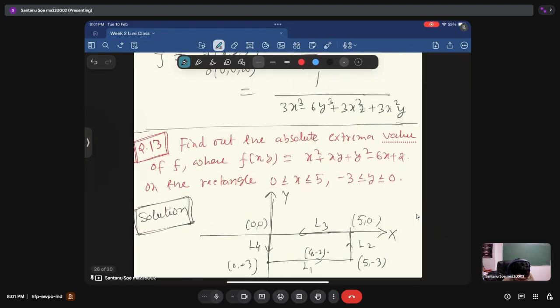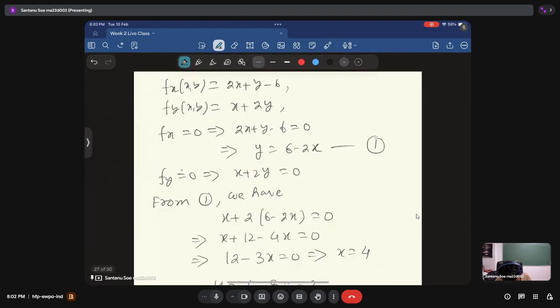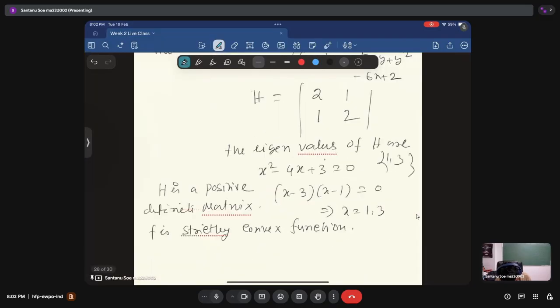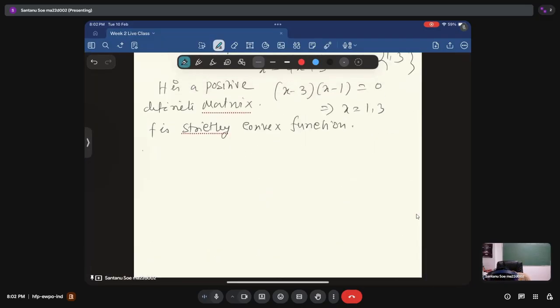I mean, we have to check the maxima or minima at the boundary of the rectangle. For that reason, first we're going to check on the boundary L1. At the boundary L1, y equals minus 3. So here g1(x) will be f(x, -3).